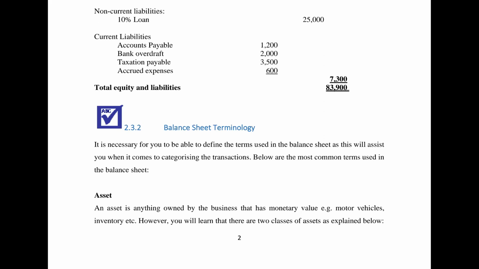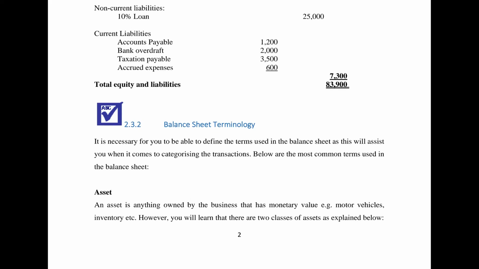From there, the next thing is, let me try to define these elements for you. I don't want to rush on this piece of study because it's coming in an exam. So let's just follow nicely. What are assets?